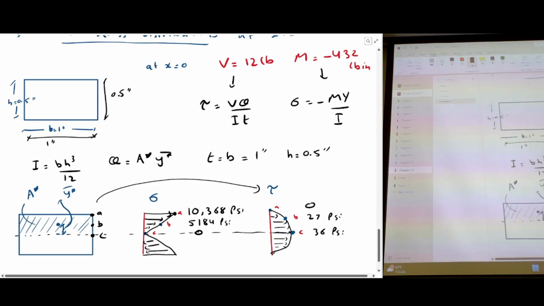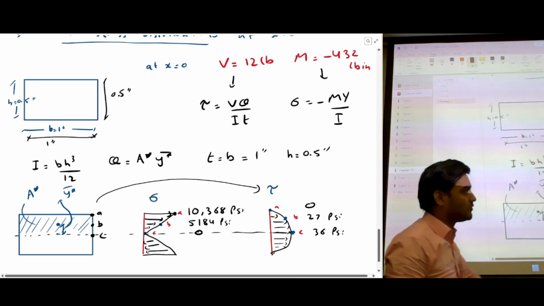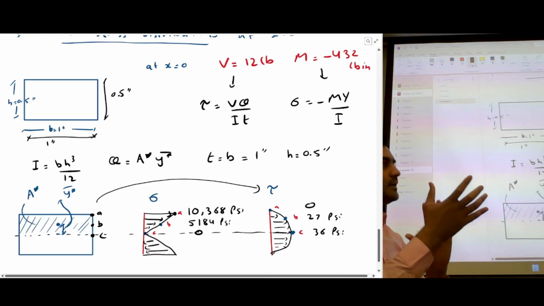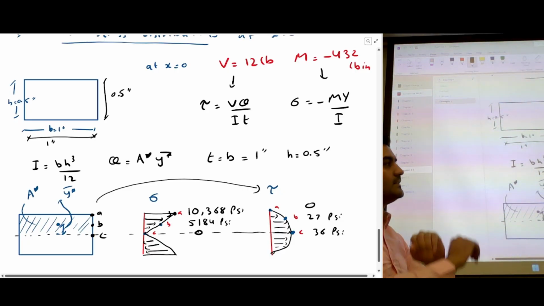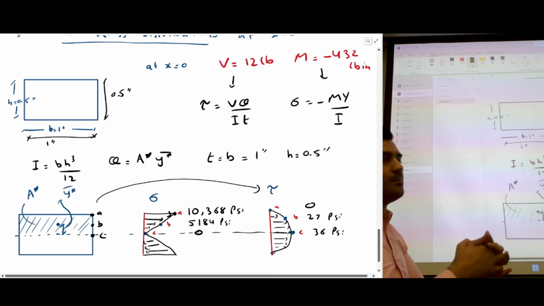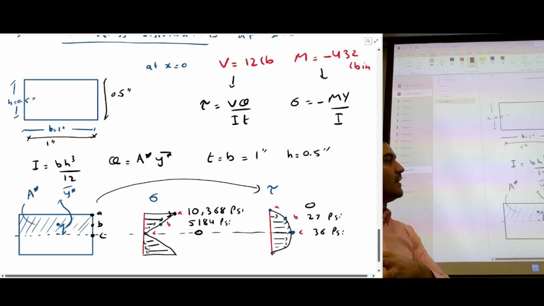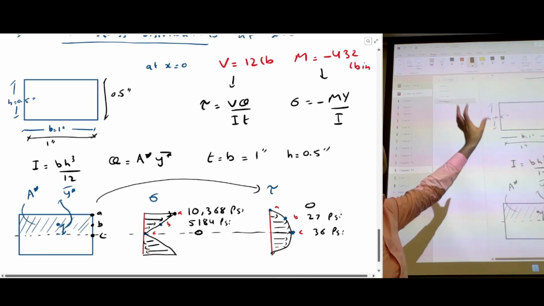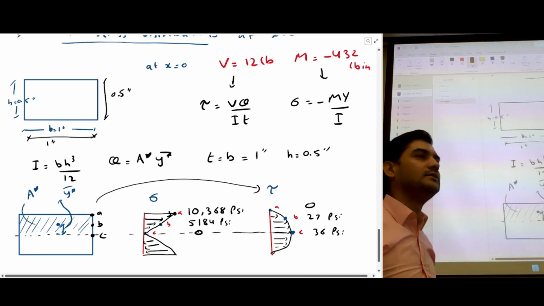Next, we will extract the stress element from these values. Once we have those stress elements, we will do stress transformation and calculate the maximum normal stresses and maximum principal stresses. Then we'll compare with different yield criteria to figure out if this cantilever beam will experience yielding or not.